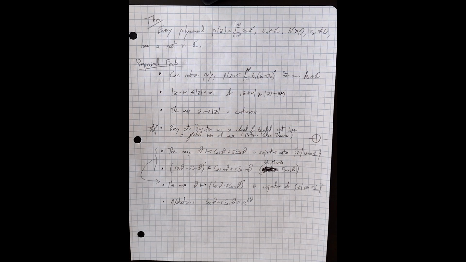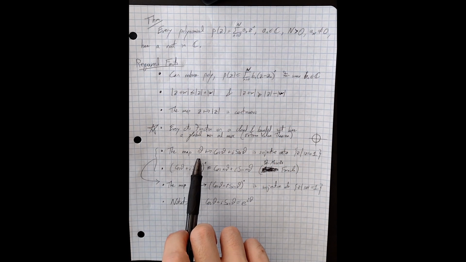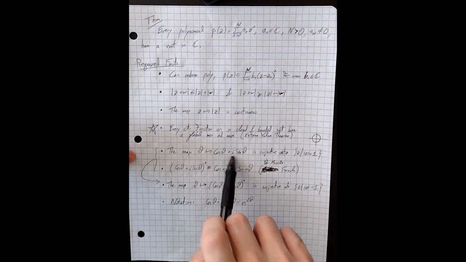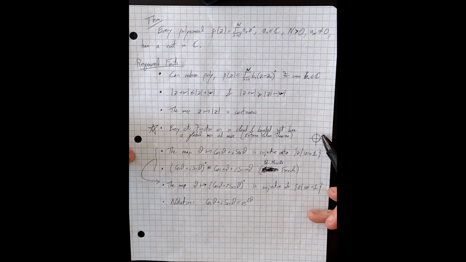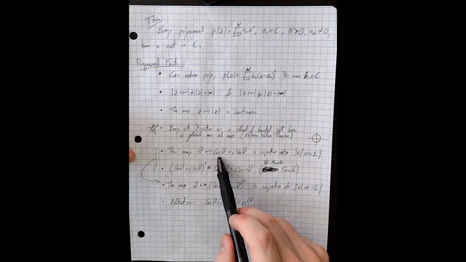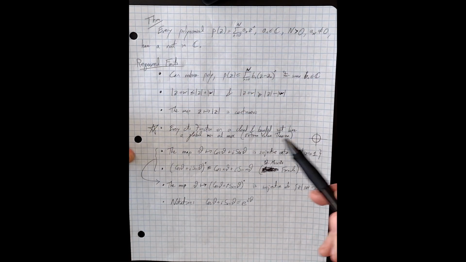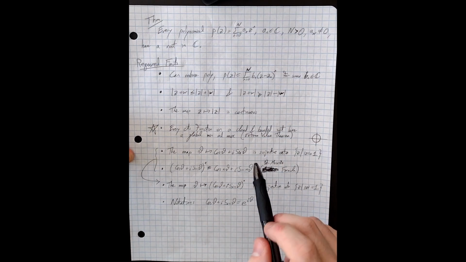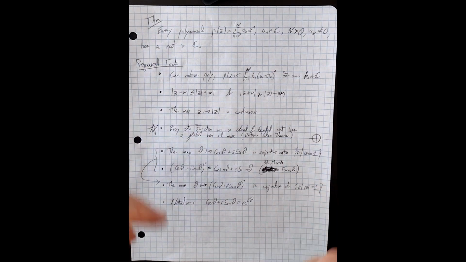But otherwise, just from bare bones, no machinery required, this is the highest level fact you need. And the rest, you need to know that the map from theta to cos theta plus i sine theta is surjective onto the unit circle. And of course, this is obvious from cos theta being x, sine theta being y, so it's surjective. And then you need de Moivre's formula. And again, I'm trying to avoid any hard facts or tricky things to prove about complex numbers.